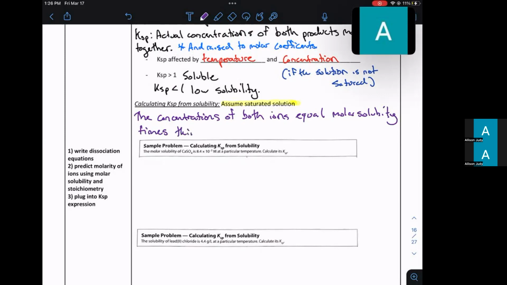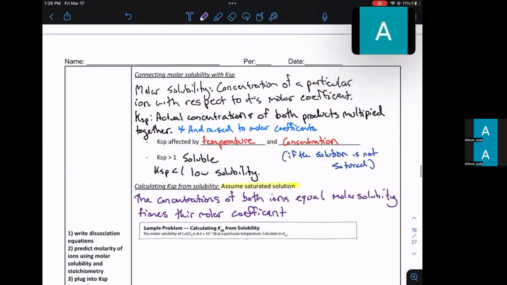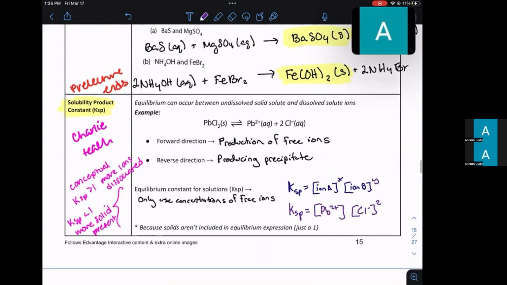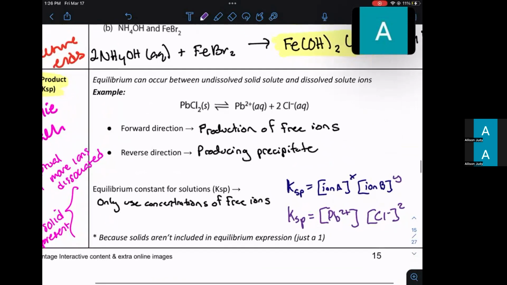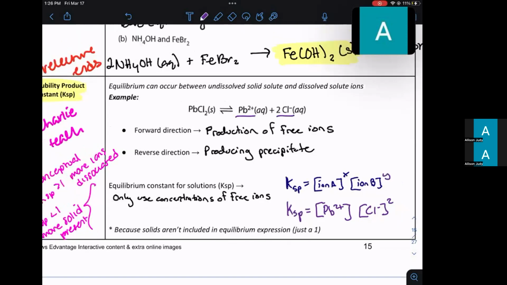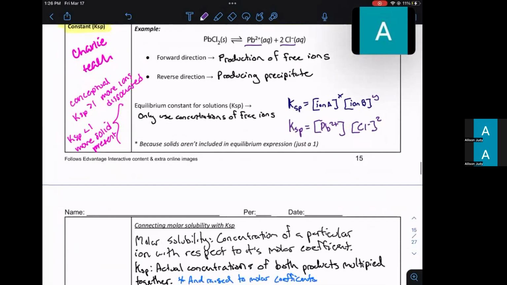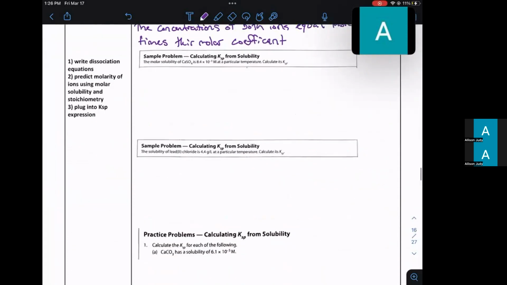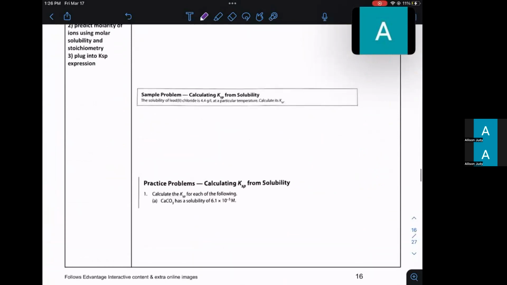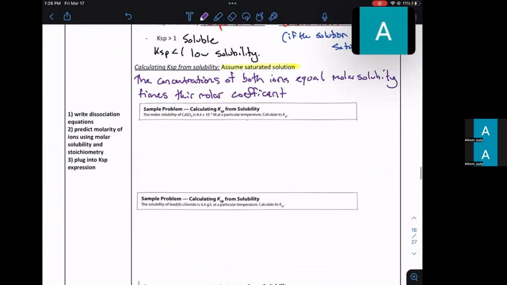So if S is your molar solubility, you will have S molarity lead 2 plus and 2S molarity Cl minus in that saturated solution at equilibrium. And you can use that when you're given S, or molar solubility, to calculate what the KSP value is.